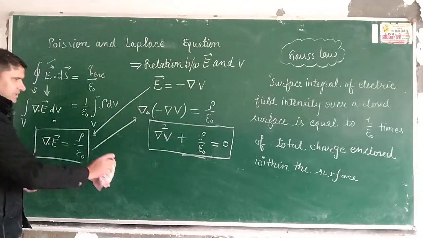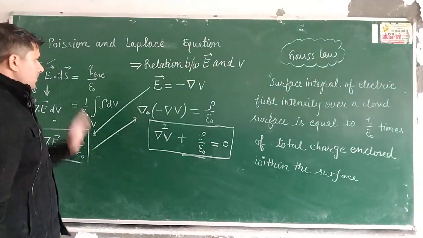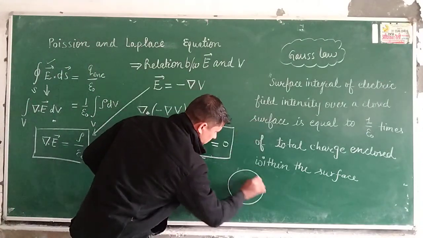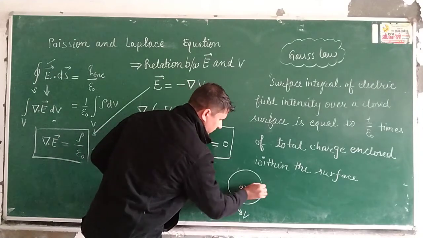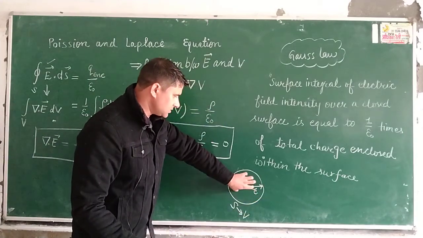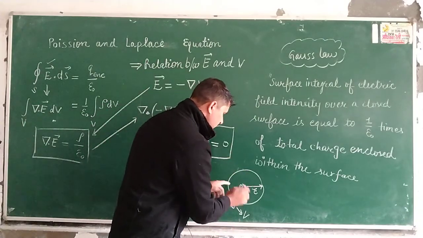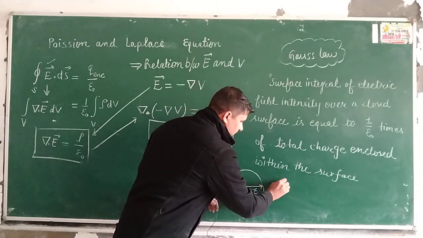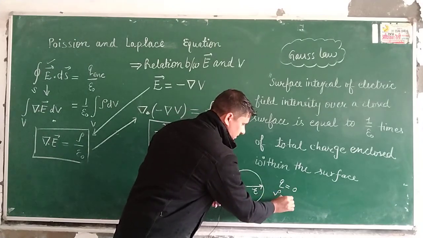Gauss law is very important, here you can see, and we are making total use of the Gauss law. We have made a surface, this is the closed surface enclosing volume V, and this was the center, and here is the radius vector R. If this surface is not enclosing any volume, then what will be the meaning of that? If this surface is not containing any charge, so if charge is equal to 0 within this surface, then the charge density will be equal to 0.